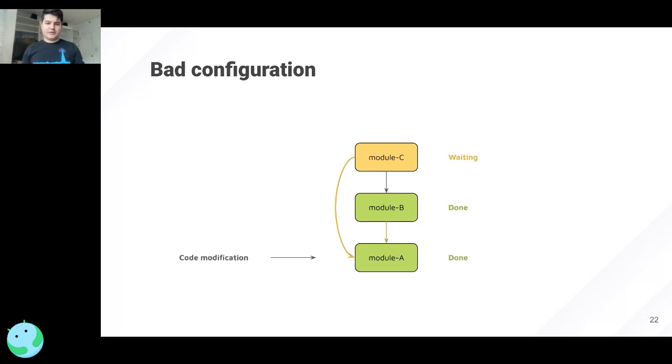But module C does not necessarily need, in all cases, to depend on module A, but still it will be rebuilt. And in this case, after a single change in the public binary interface of a module, we will have 3 modules that are being rebuilt.